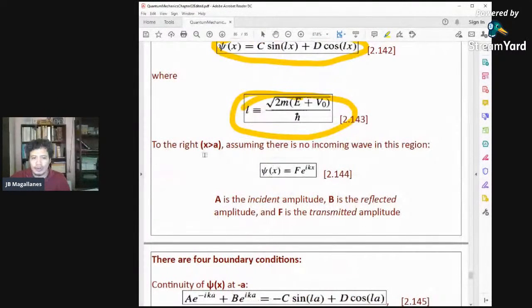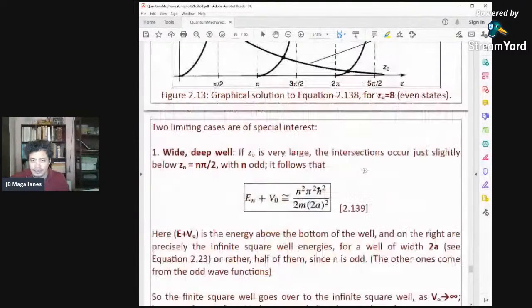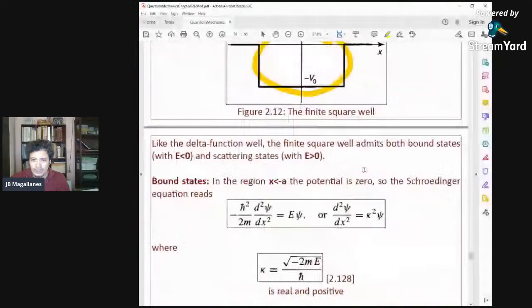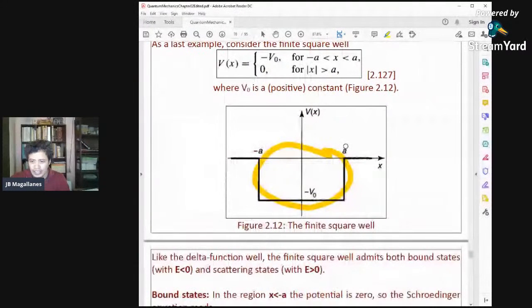And then for the right, x greater than a, the solution would have been F exponential of negative ikx plus G e to the ikx, but we do not let any wave come from here.